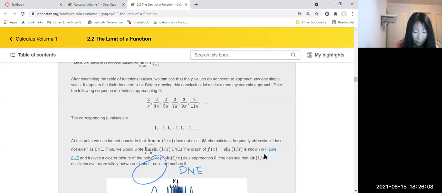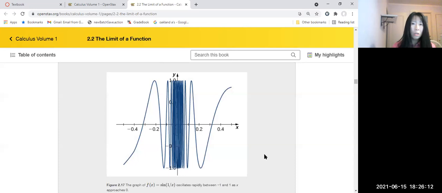So graph, look, it's like that. So I'm standing here and I am going to approach 0, when x equals 0, okay?